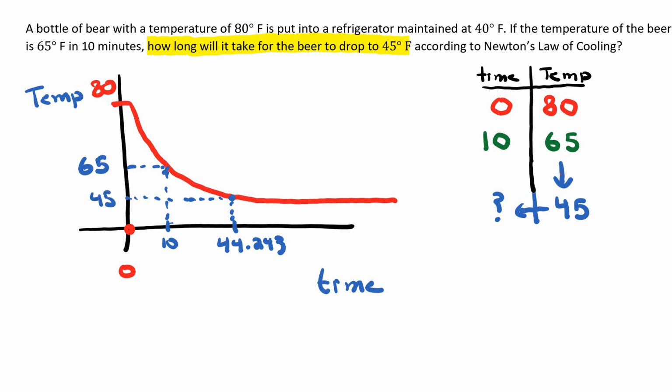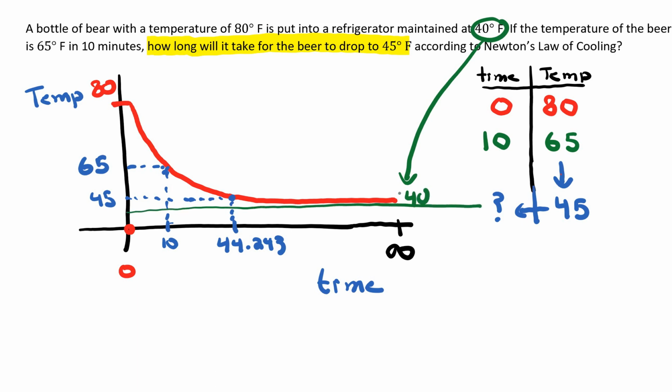And the thing about Newton's law of cooling is that if you go forever, the temperature levels off to the surrounding temperature, which is about 40 degrees Fahrenheit. So it's a horizontal asymptote, and the temperature is really leveling off to 40 degrees Fahrenheit. That's how these Newton's law of cooling problems behave. That graph was just for interest. You didn't really need it to solve the problem, but it's there for general interest.